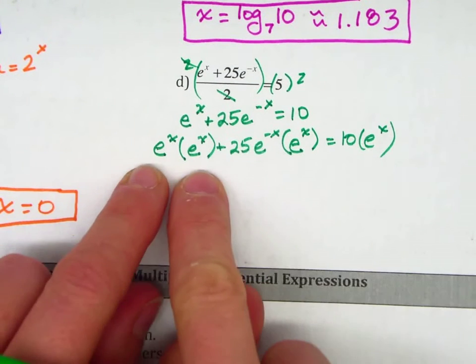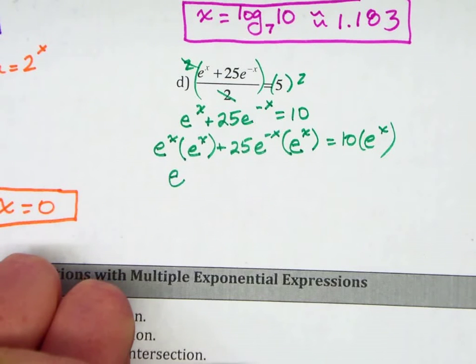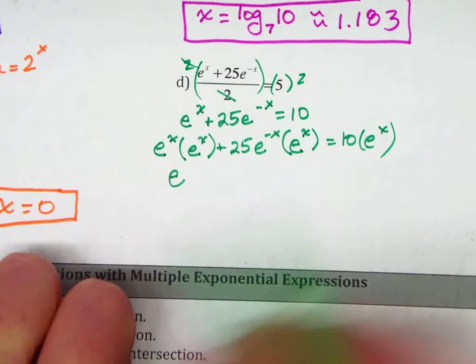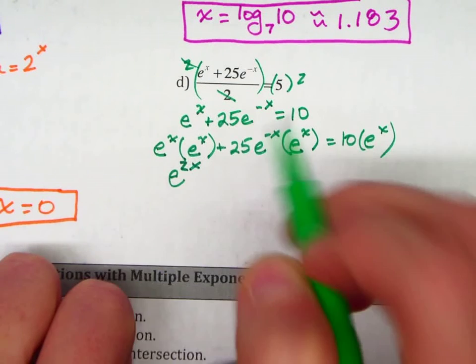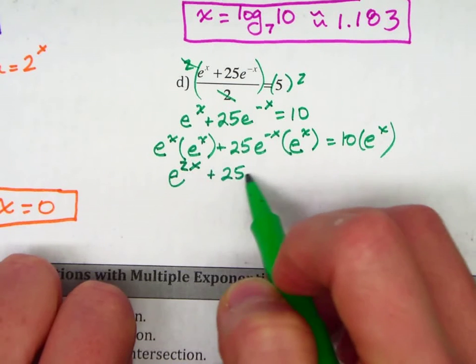Now, when you have 2 bases, what do we do with the exponents again? When you have 2 of the same base, what do you do? You add them, right? What is x plus x, though? 2x. So x plus x is 2x. And then we have plus 25e.